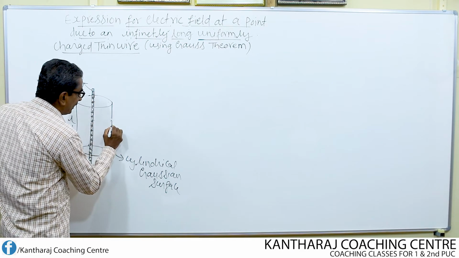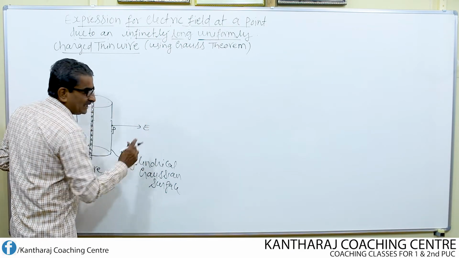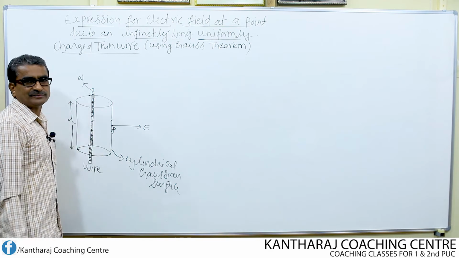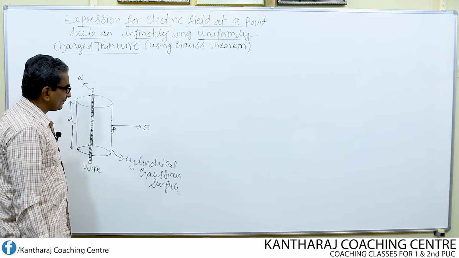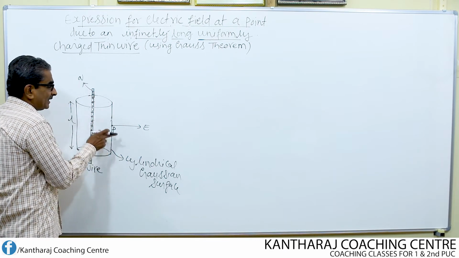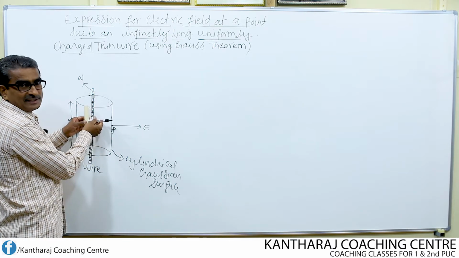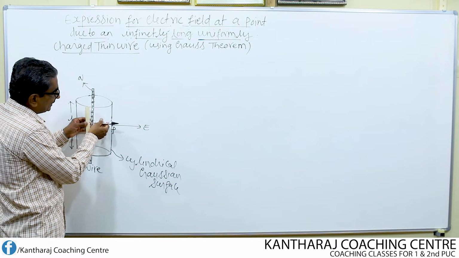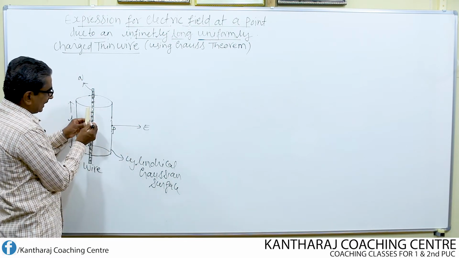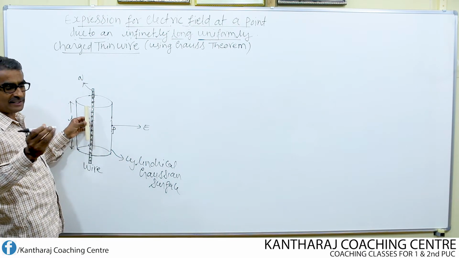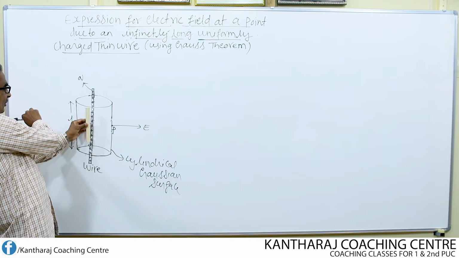At the point P, what is the electric field? E is the electric field. Understand? E is the electric field. Directed how? Directed outwards, perpendicular to the Gaussian surface. If this is the Gaussian surface, it is directed outwards like this. Again at the front, it is directed outwards like this. Again at this side, it is directed outwards like this.